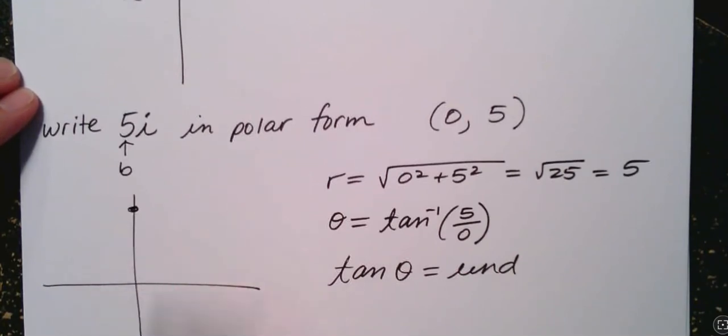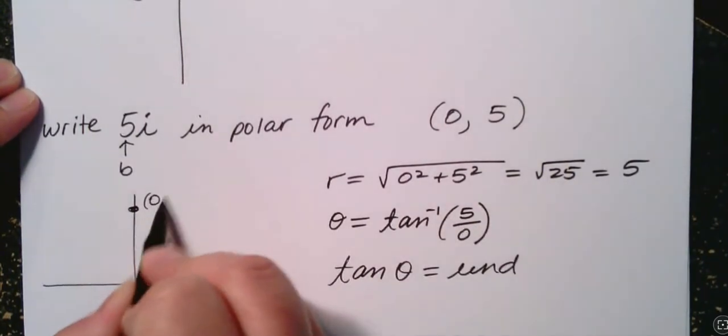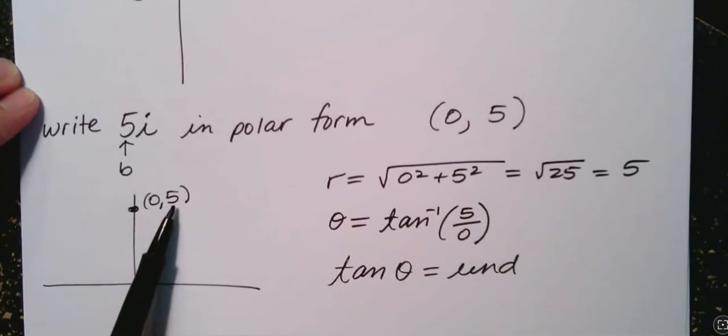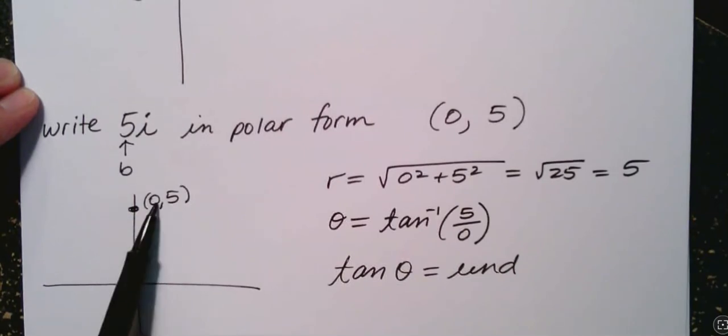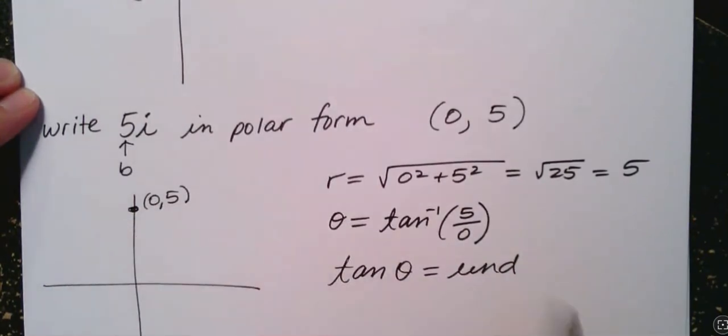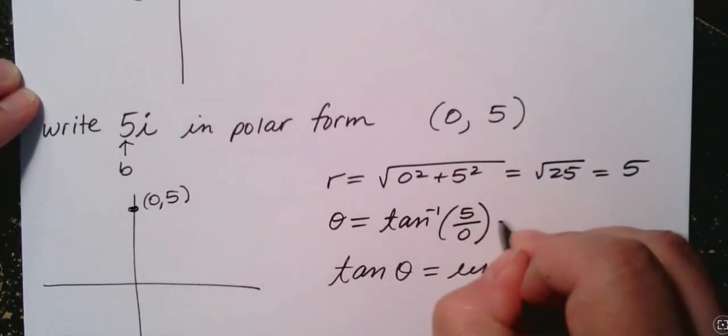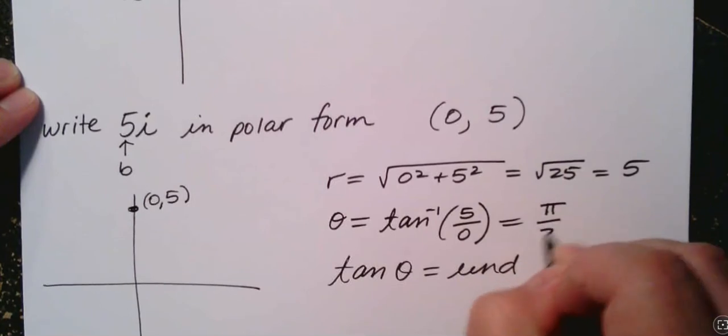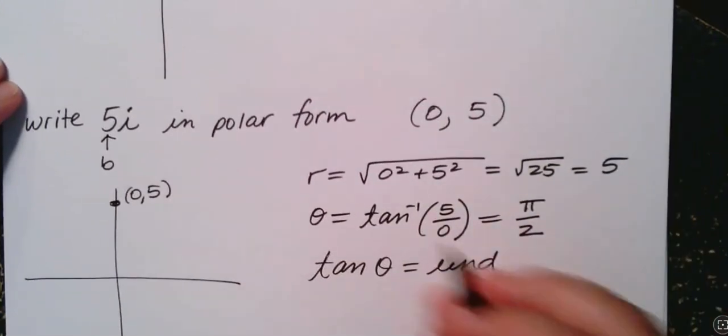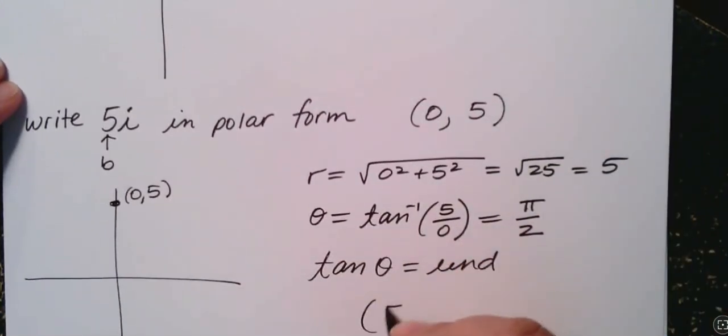So this is really saying (0, 5), we're going up 5. So y over x, sine over cosine, gives you undefined. So this is pi over 2. So my polar form of this number would be (5, pi over 2).